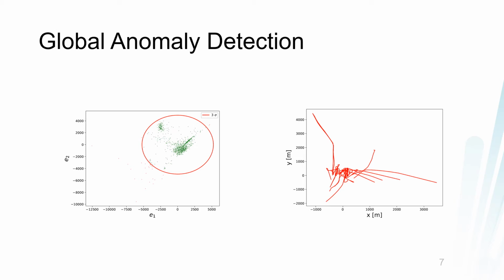So for instance, here we've thresholded all data points that are outside the 3 sigma confidence interval. So these trajectories are marked in red here, and you see on the right-hand side these are illustrated by these red trajectories here. So here what we're actually seeing is, for instance, some that have turned around or are having very large course alterations or have anomalous speed values. So these are basically the trajectories that are deviating the most from what is defined as normal behavior for the region of interest.